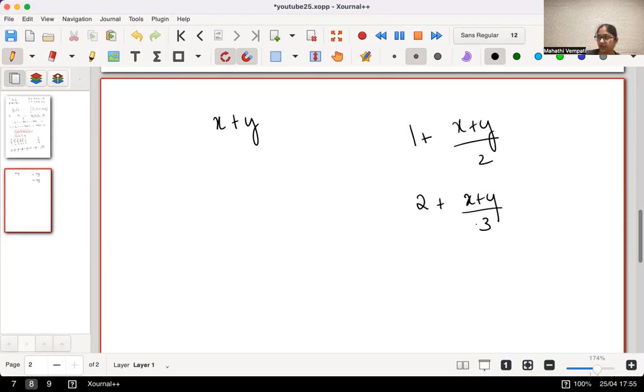So it seems to me, given x plus y is a constant, you want to minimize a plus c by a.